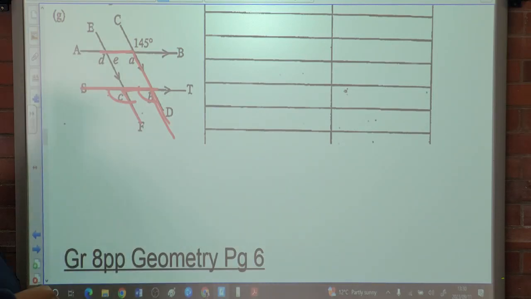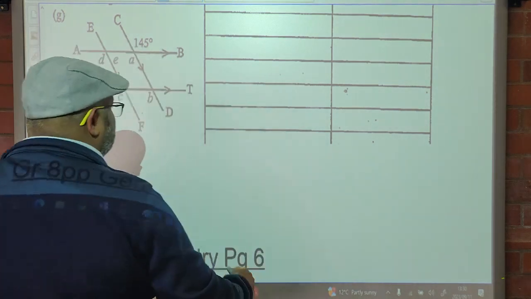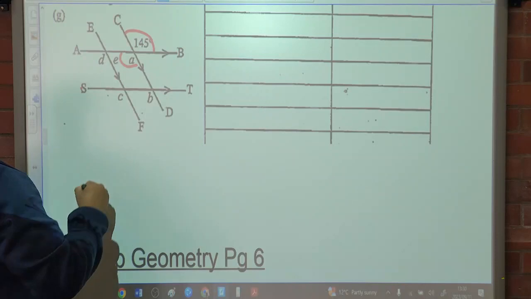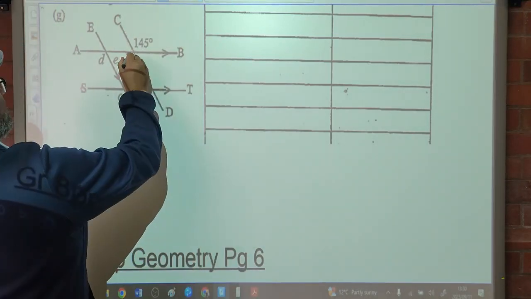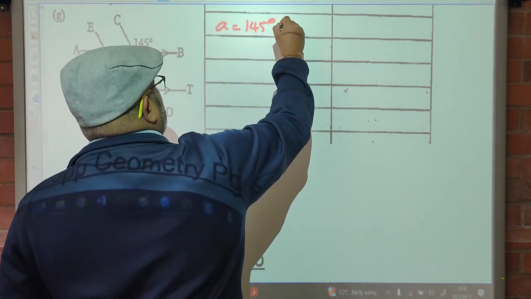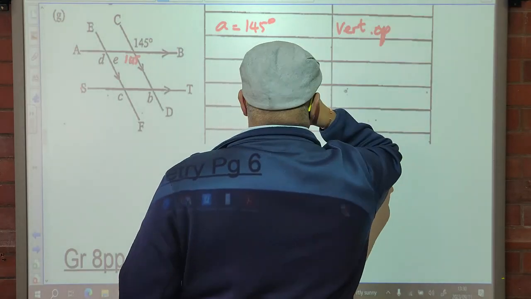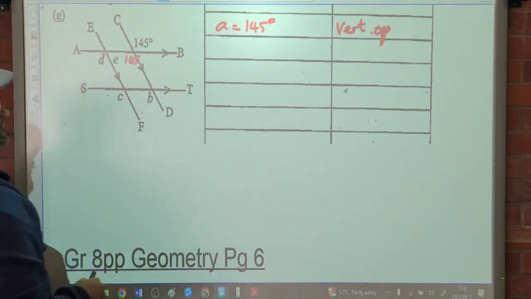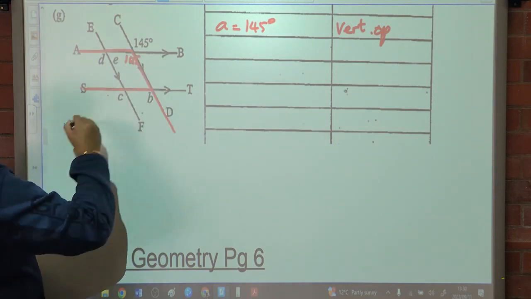Okay. So, looking at 145, what can be determined at this point? A, vertically opposite. Can you see that, people? So that is going to be 145. So A is equal to 145, vertically opposite. Okay. Now what? Can you see that F being formed there?